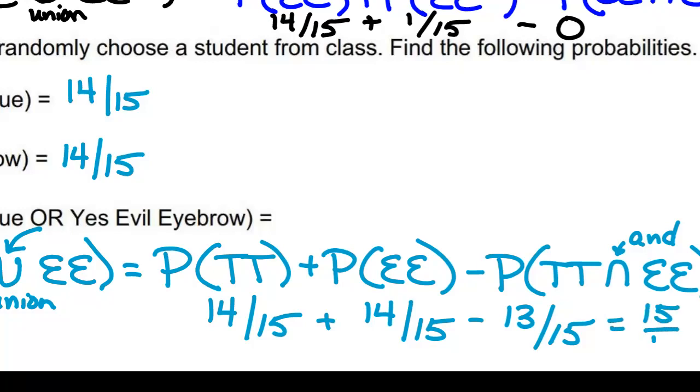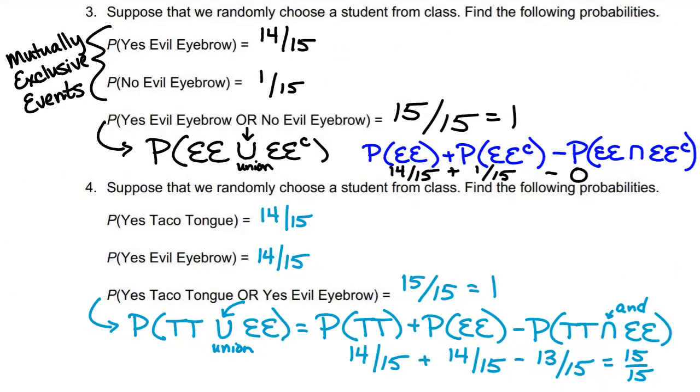So I get 15 out of 15, or 1. Do you think that that would always be a certain event? Is it always guaranteed that somebody either says yes to taco tongue, or they say yes to evil eyebrow, or they say yes to both? Nope, there's some people that can't do either one. In that case, it would not add up to a probability of 100%, if we had anybody that was in the no and no category.